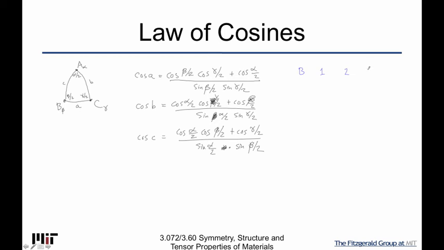2, 3, and 4, etc., right? And 6. And then I have A, which can be, you know, 1, 2, 3, 4, 6, etc., right?